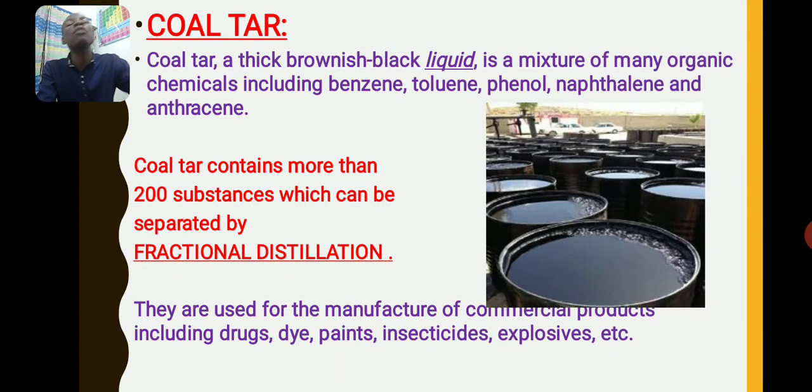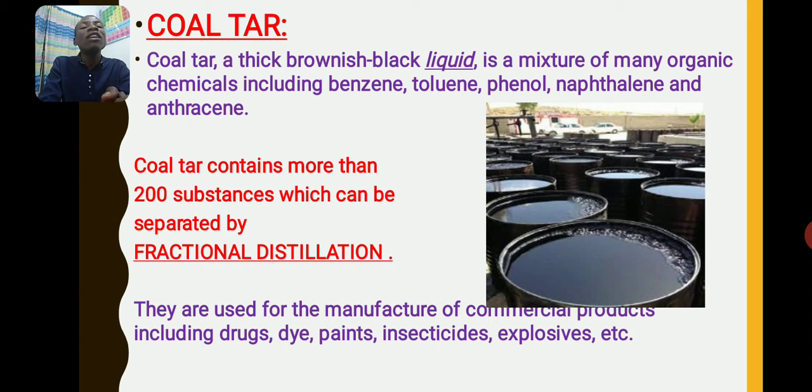Coal tar. Coal tar is used majorly for surfacing roads, but it contains a mixture of many other chemicals that are very important to human beings. In fact, you can separate these chemicals from coal tar by doing fractional distillation.